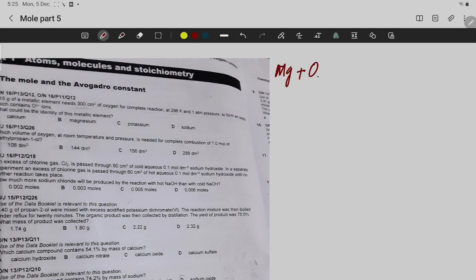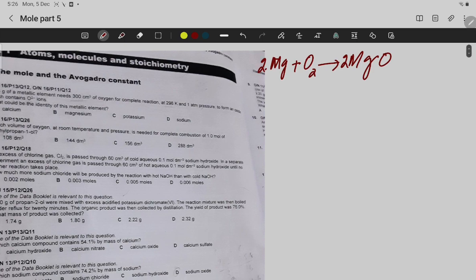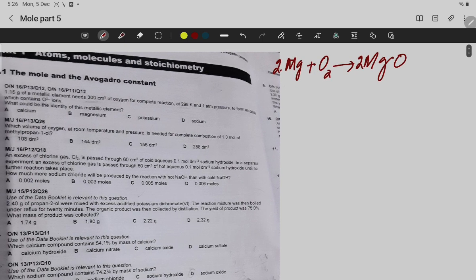Magnesium when reacted with oxygen forms magnesium oxide. So balance the chemical equation. So this is magnesium and 300 centimeter cube of volume.